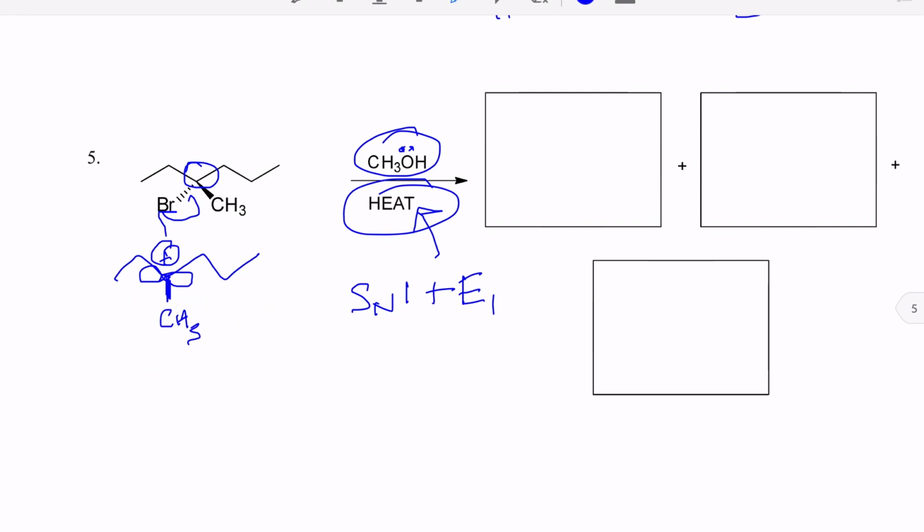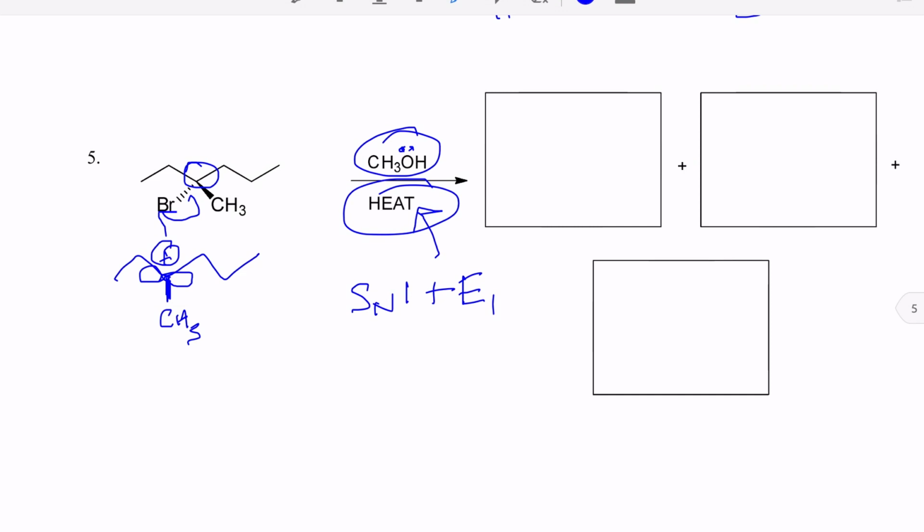And if you're given those two choices, and they're both equally likely, you end up with what is known as a racemic mixture product. So you get two enantiomers because you are having two possible configurations of methanol in that molecule, and the methyl group that's already there also changes correspondingly.